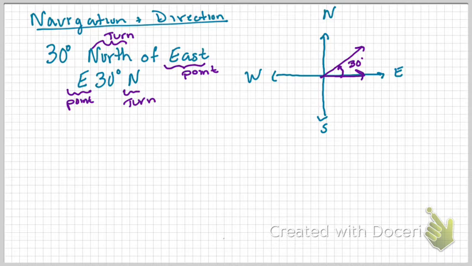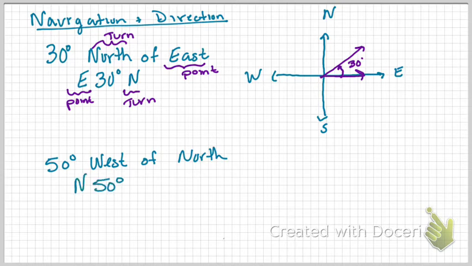If I asked you what is 50 degrees west of north? Okay, this could also be written 50 degrees northwest. What does that look like? 50 degrees west of north.